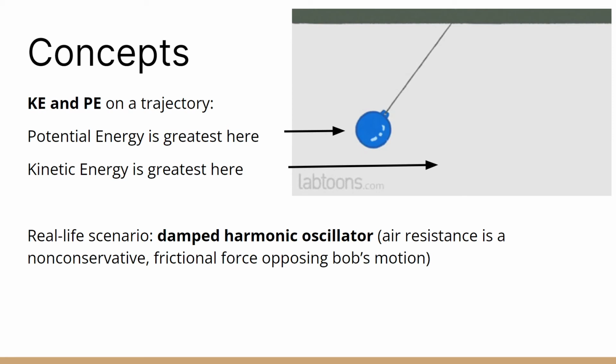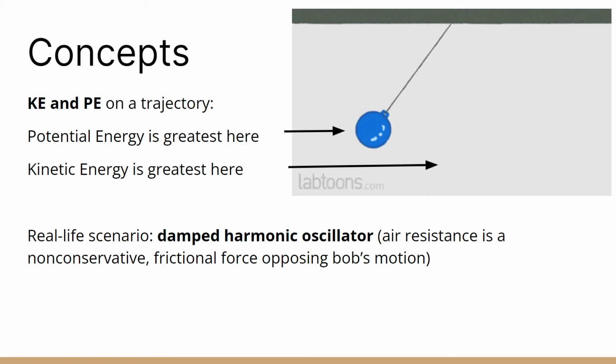So obviously we've been looking at the ideal situation and scenarios thus far. A real life scenario to really think about and try to wrap your head around is a damped harmonic oscillator. Now, this is just a fancy name for a pendulum or a spring, for example, that undergoes harmonic motion but experiences some effects that dampen its motion. Essentially, it starts off all right, and then it gets slower and the motion gets smaller because of non-conservative forces like friction or air resistance, which causes its period to change variably.